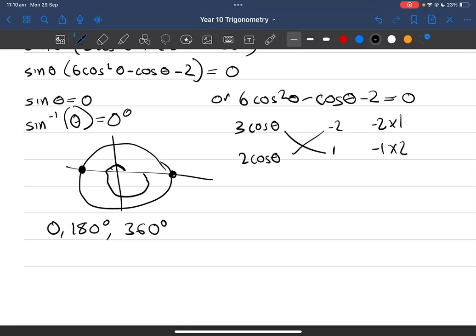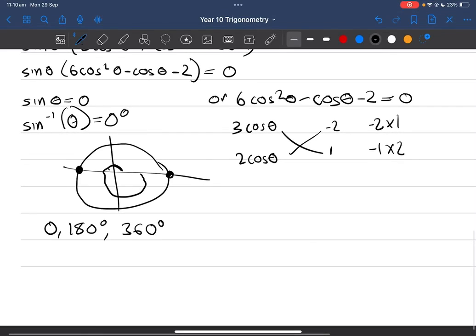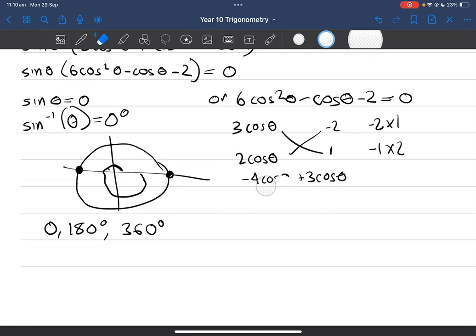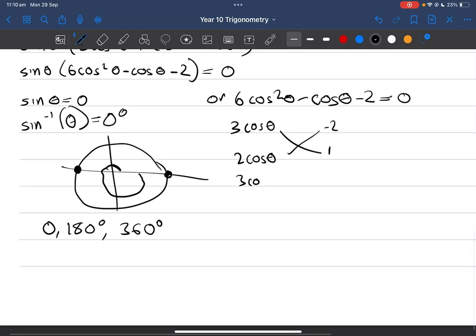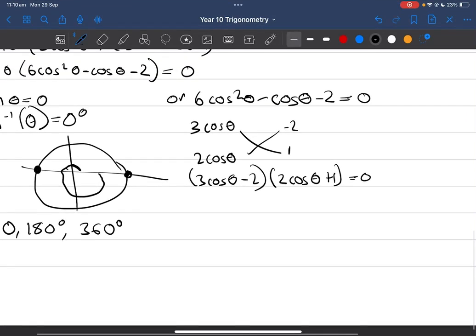So negative 2 will become negative 4 cos theta, and this will become 3 cos theta. So this will become minus 4 cos theta plus 3 cos theta, which gives us minus cos theta. So that means that this is a way to factorize it. So we can rewrite this as 3 cos theta minus 2 times 2 cos theta plus 1 equals 0.